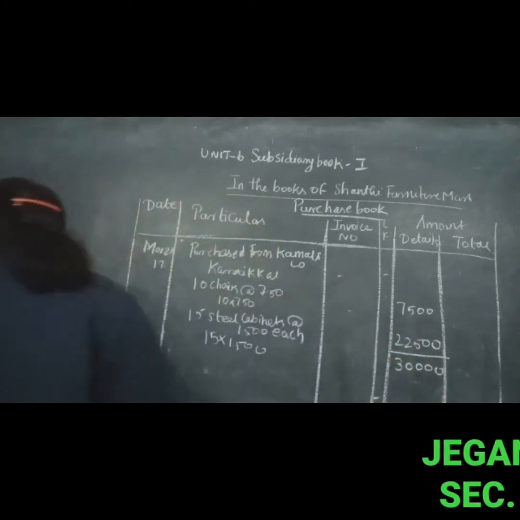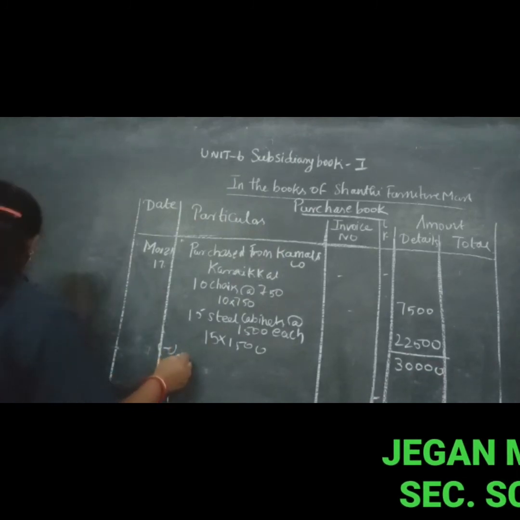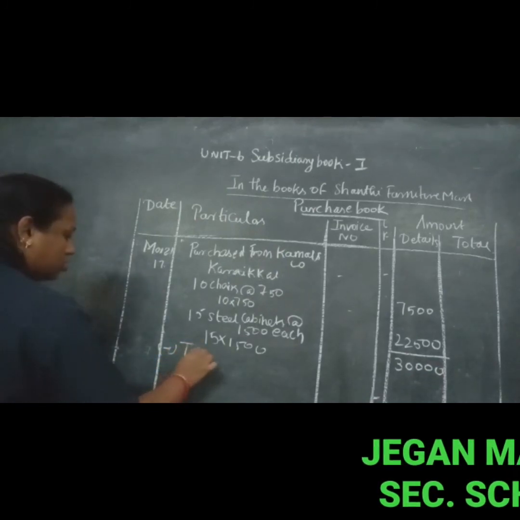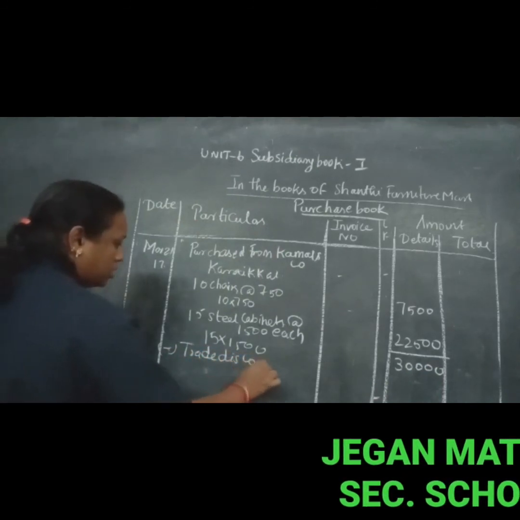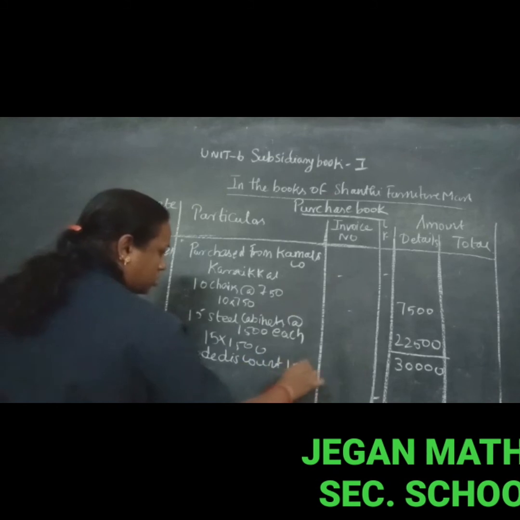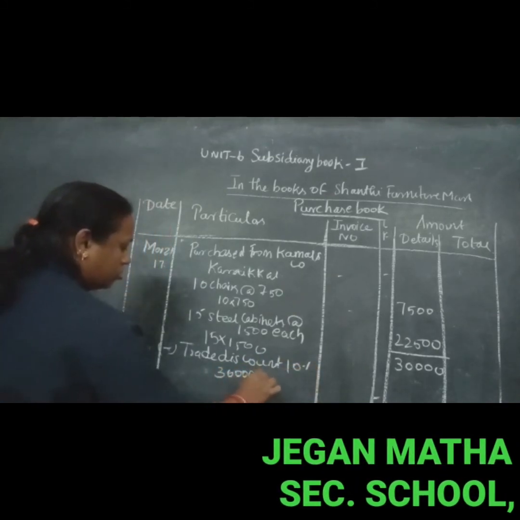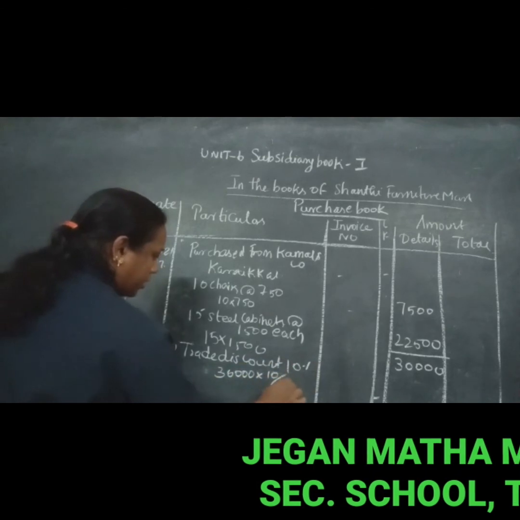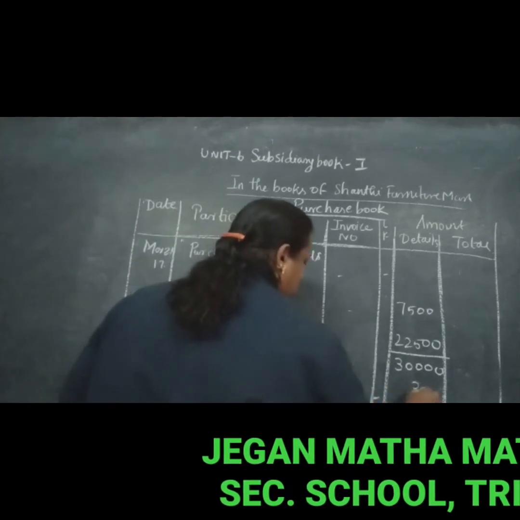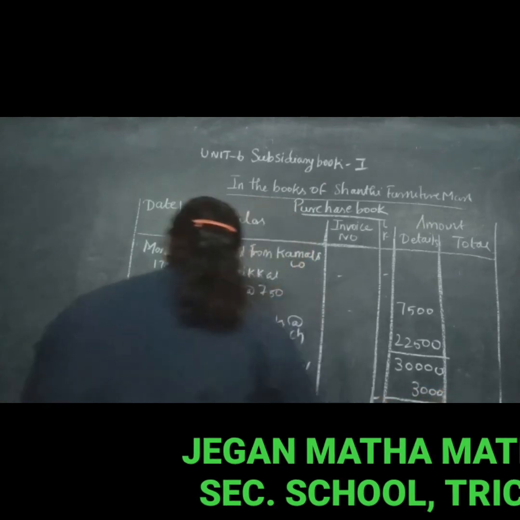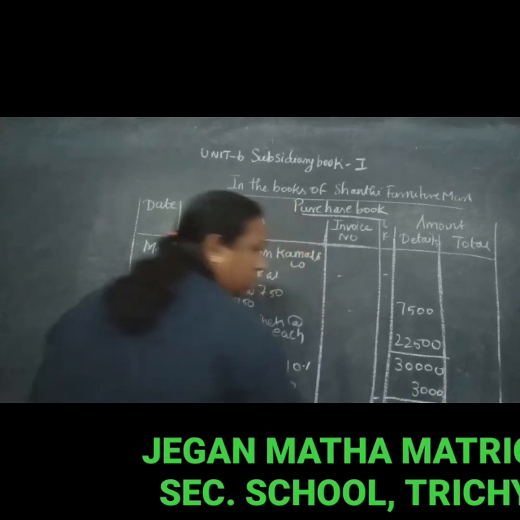The next, trade discount is given. So you have to subtract now. What is the trade discount? Minus 10%. So 30,000 into 10 by 100, total 3,000. So 30,000 minus 3,000, 27,000.